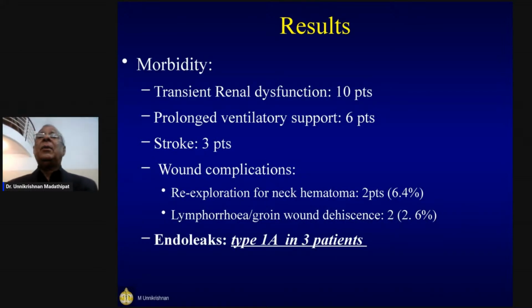Now, there's been some amount of morbidity: renal dysfunction in 10, but they recovered, ventilatory support, and then, of course, stroke, where only one patient had a dense stroke and the rest improved.